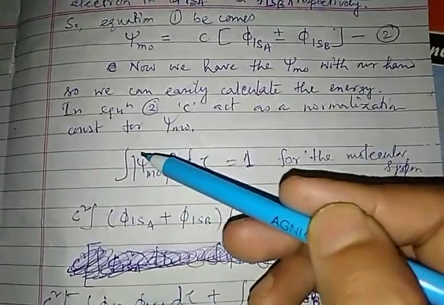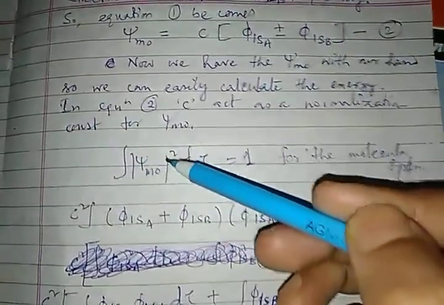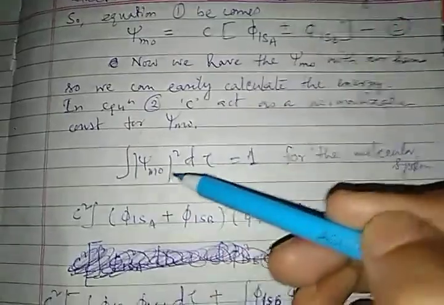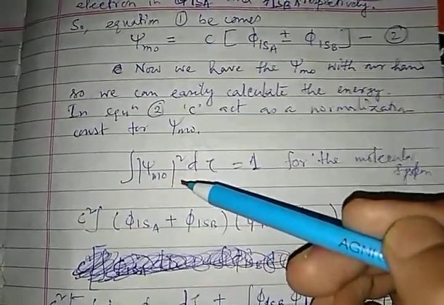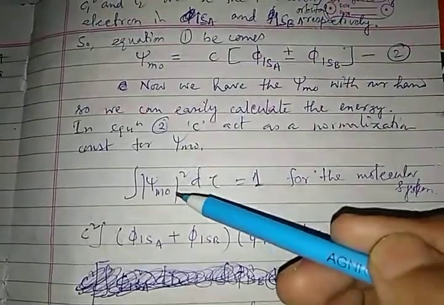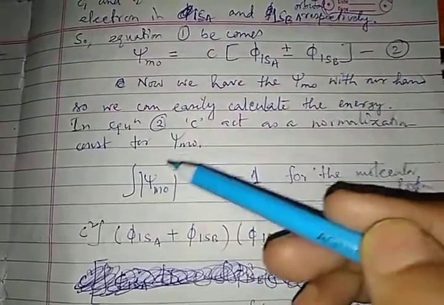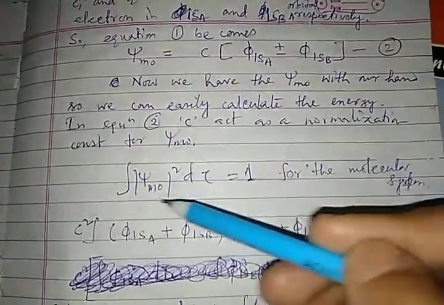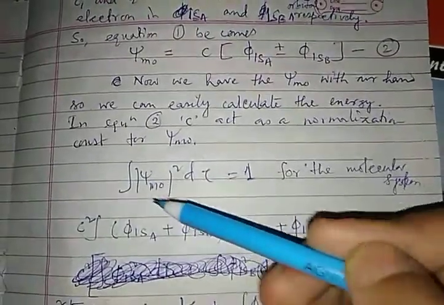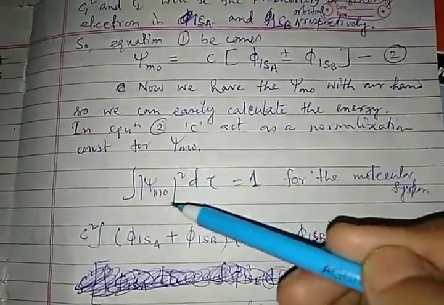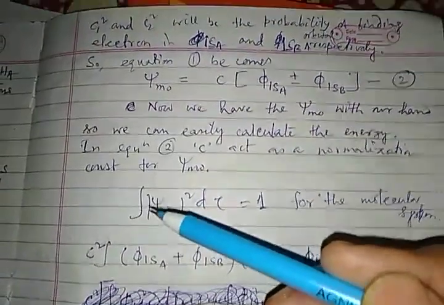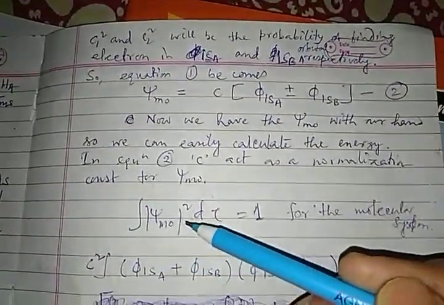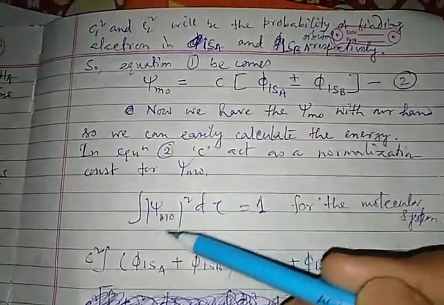And one thing I have to mention here, that this psi-MO square represents the probability of electron density in the molecular orbital, and when you integrate over space with d tau, you will get the probability of finding the electron in the molecular orbital.